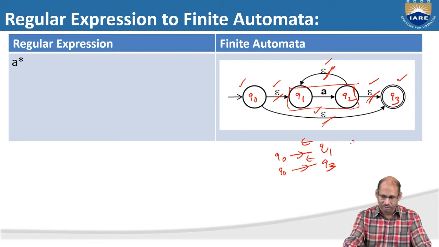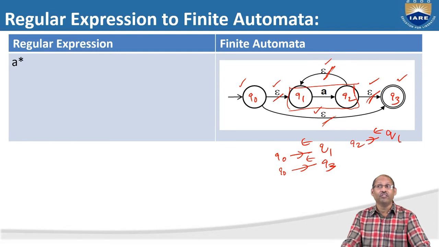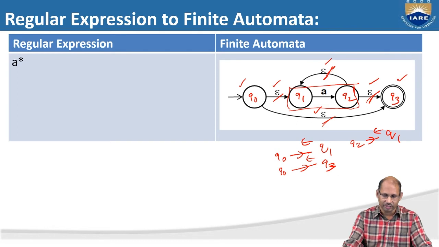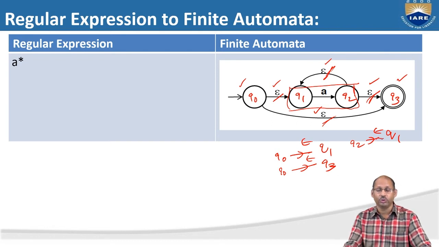Then Q2 on epsilon goes to Q1, which gives the closure repetition. A is A square, A cube, A power 4, A power 5, A power 6, A power 7. The repetition will be given by this one. Q2 on epsilon goes to Q1.